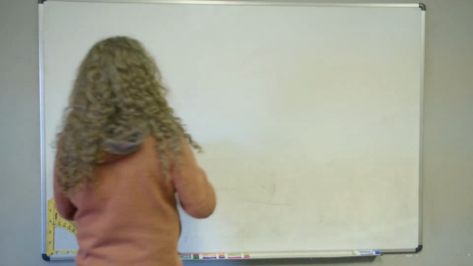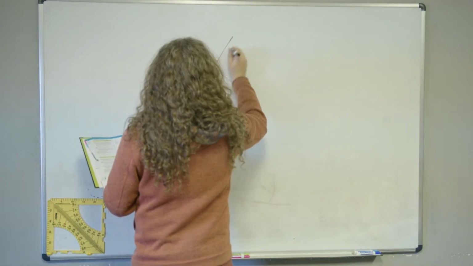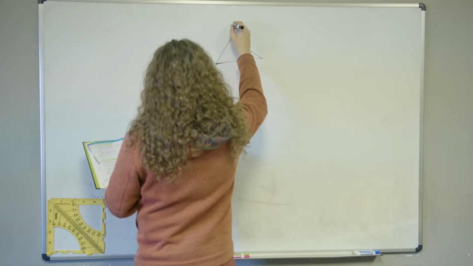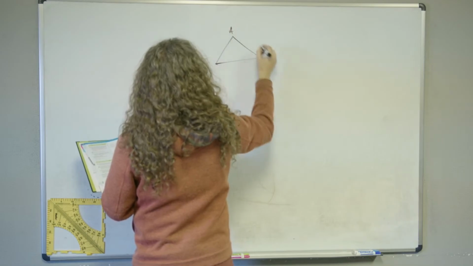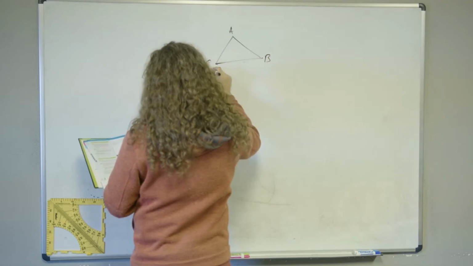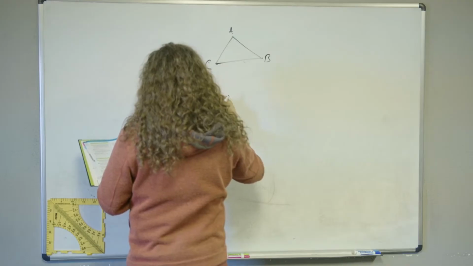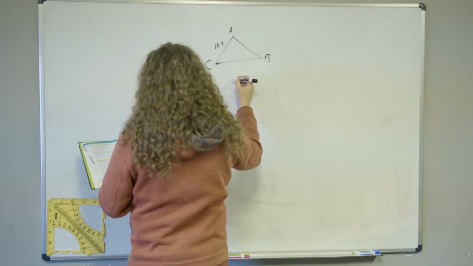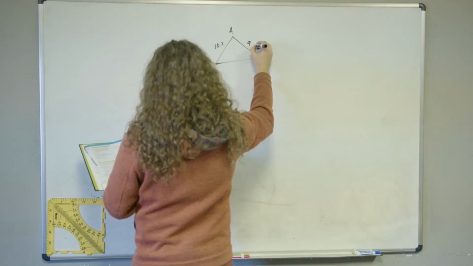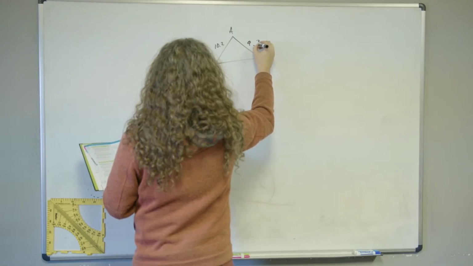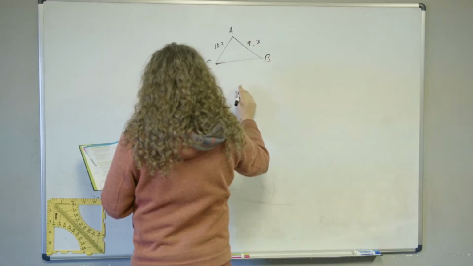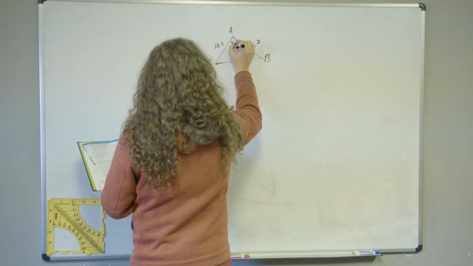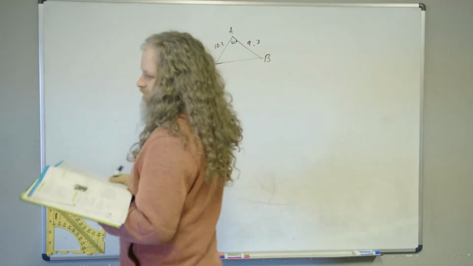Okay, so we're going to have this triangle A, B, C. Side B is 10.2. Side C is 9.3. And side A, or excuse me, I lied, angle A is 26 degrees. Okay?